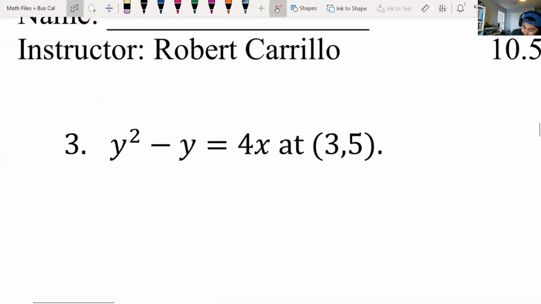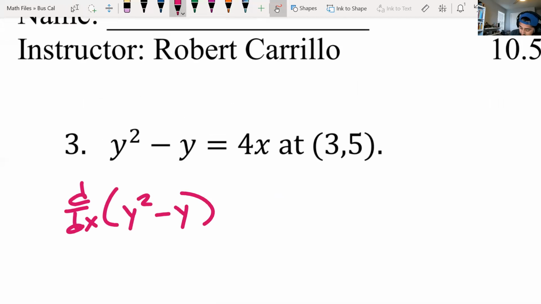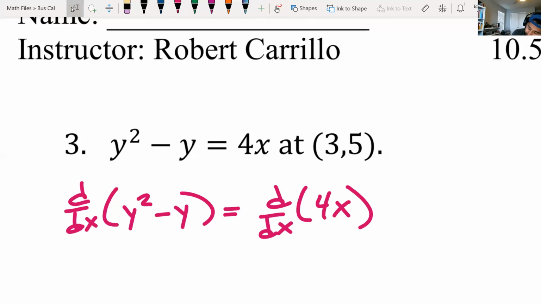So we're going to say d over dx of y squared minus y equal to d over dx of 4x.